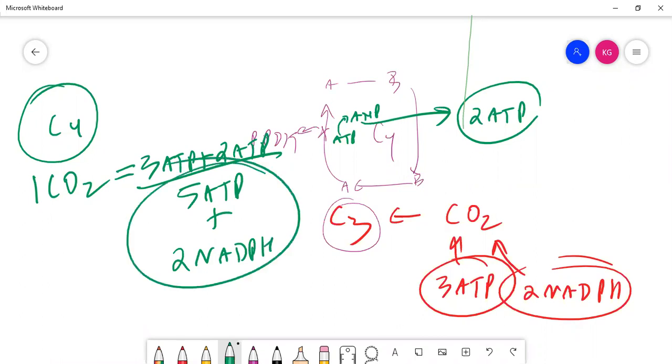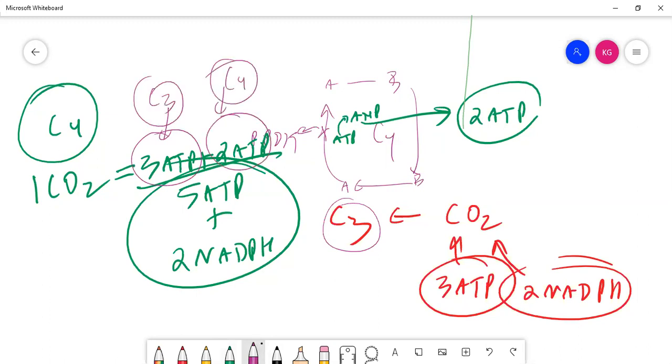So what is the cost of fixing one CO2 through C4 cycle? बताओ मुझे. 5 ATP हुआ ना. To fix one CO2, how much? 5 ATP and 2 NADPH. वही है C3 वाले, और ये 2 ATP C4 वाले हैं. तो टोटल कितने हो गए? So the cost of fixing one carbon is 5 ATP and 2 NADPH.